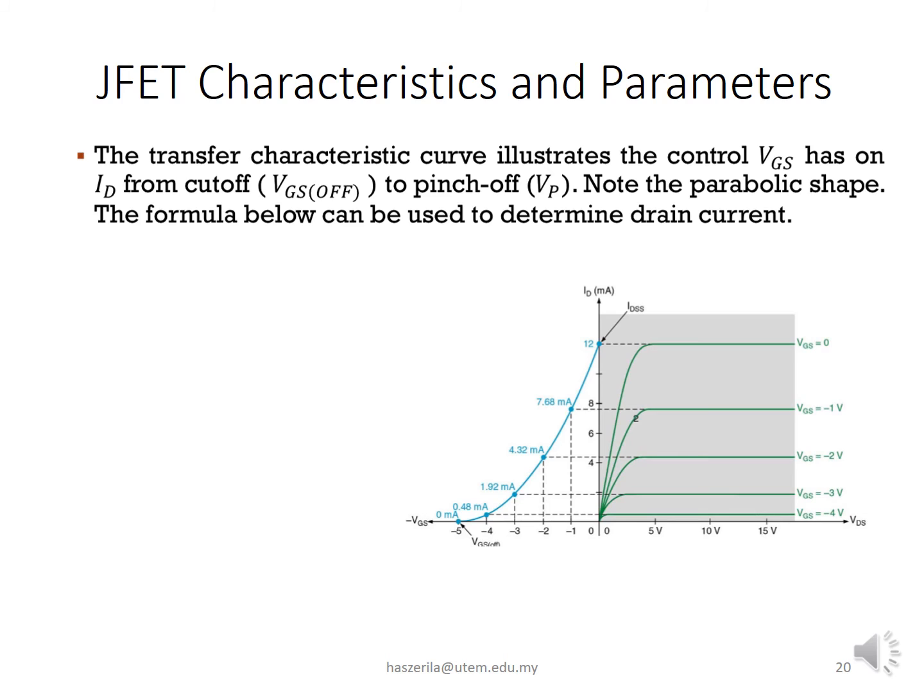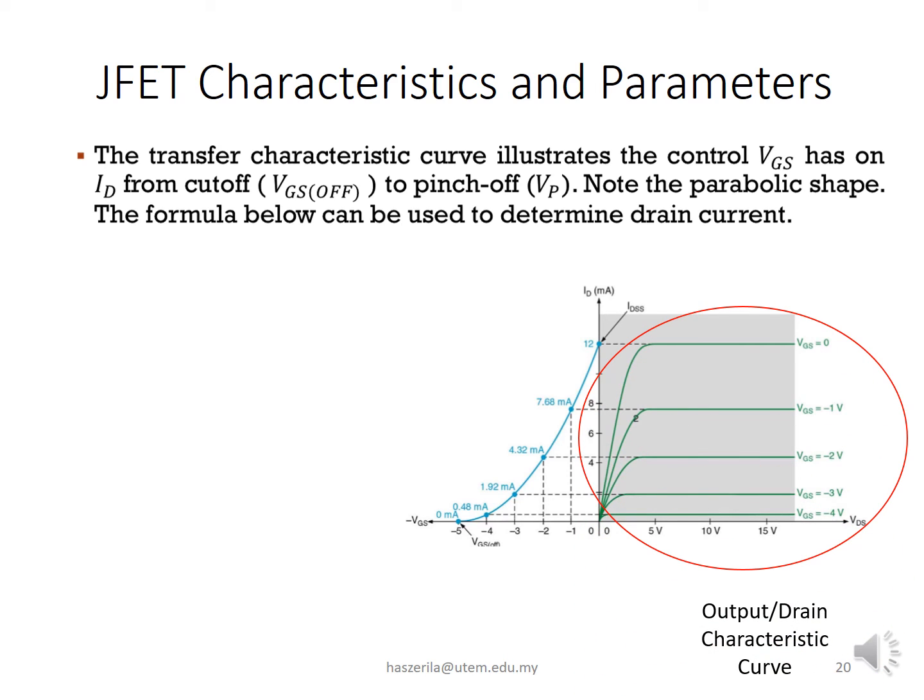The characteristic curve indicates the behavior of the device by increasing or decreasing current and voltage applied across the terminals. There are two types of static characteristic curve of the JFET. The first one is the output or drain characteristic curve, and the second one is the transfer characteristic curve.